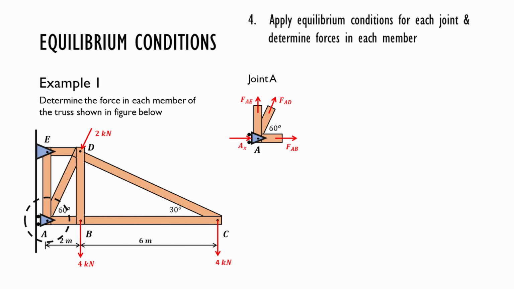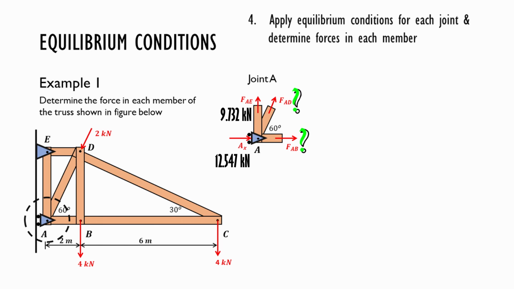Now, applying equilibrium conditions for joint A. We already know Ax is 12.547 kilonewton, and Fae, which is 9.732 kilonewton. And notice that in x direction, there are x components of FAD and FAB, which are unknowns.